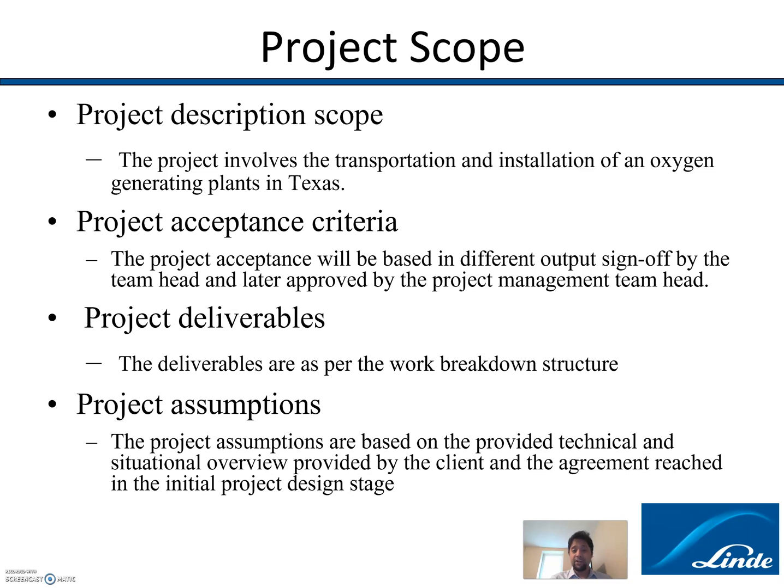The acceptance criteria will be based upon different outputs signed off by the team head and later approved by the project management team head. The project deliverables will be discussed in the WBS structure later on.